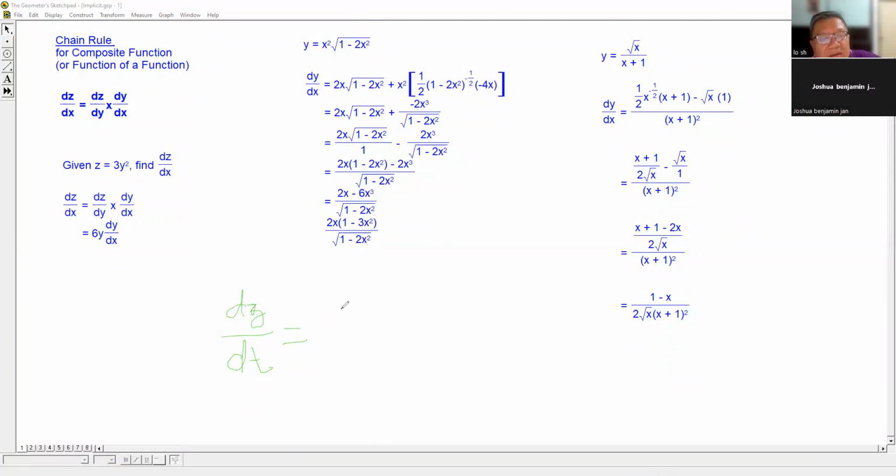So I start here, dz, then multiply. At the bottom here is dt. What to put in between here and here? Anything. Let's say you want to put x, you put x here, then you put x here. You want to put y, then you put y here. Then here must be 1.